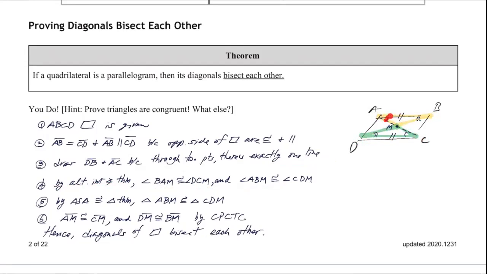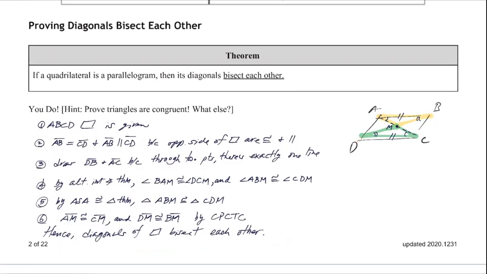So we know that this is the same, this is the same, and by the side-angle-angle congruence theorem, these 2 triangles are congruent. So AM is congruent to CM, and DM is congruent to BM by CPCTC. Hence, the diagonals of a parallelogram bisect each other. Looks good, guys? All right.